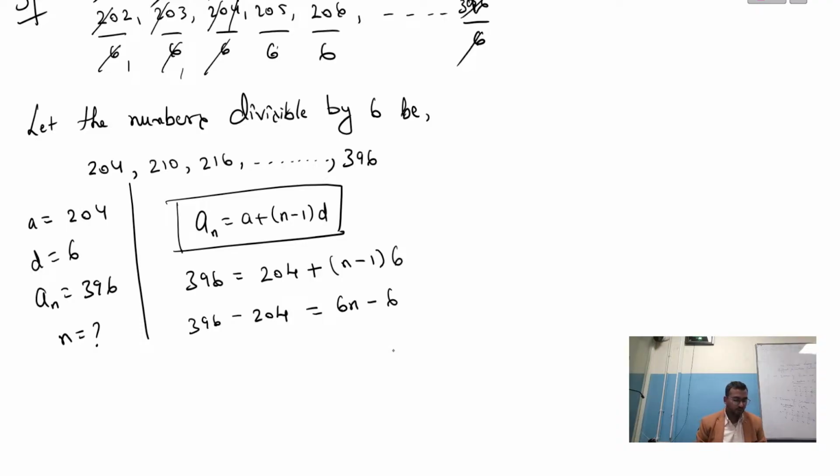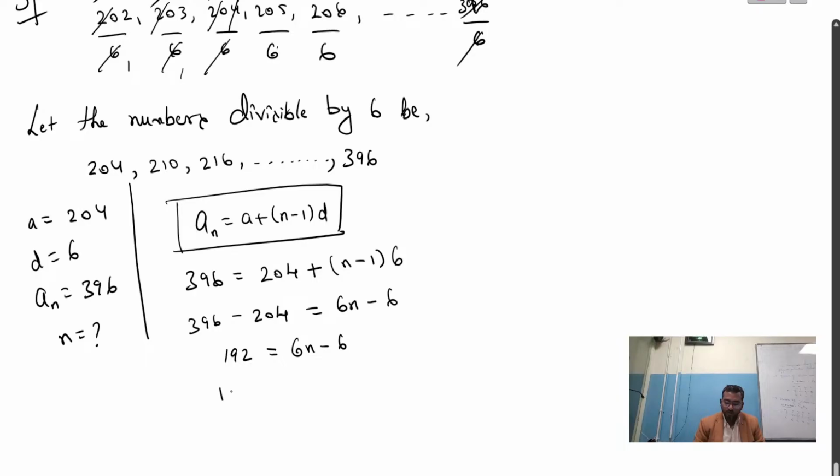396 minus 204. What is the value? Children, what is the value? 396 minus 204. Good. It is 192. Am I right? 192 is equal to 6n minus 6. Clear?